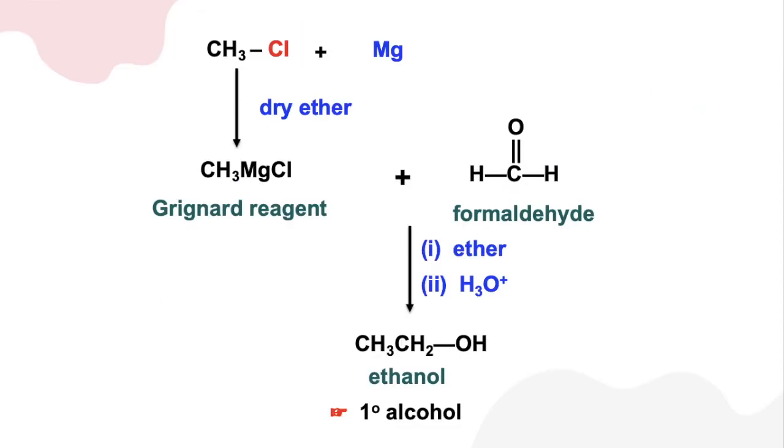This is the example. So 1 R group from the Grignard reagent, formaldehyde with no R group at all, so the product must be primary alcohol because 1 R group in total.